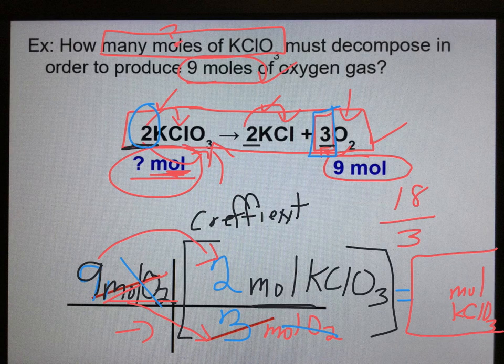So grab a calculator. 18 divided by 3 is 6. Okay? And this is stoichiometry. So for right now, you're going to do just a little practice on going from moles to moles. But you know what? Before we do that, let's just do another example.